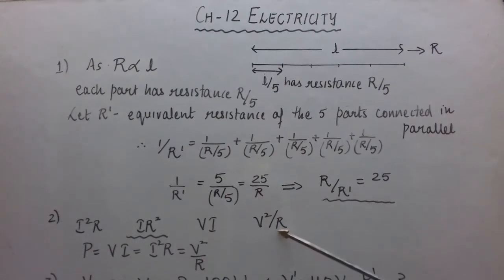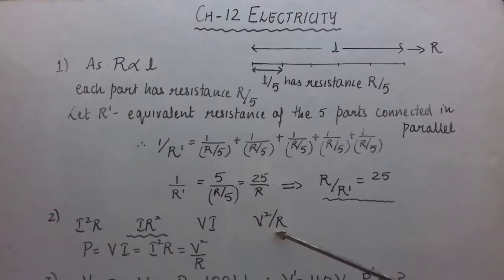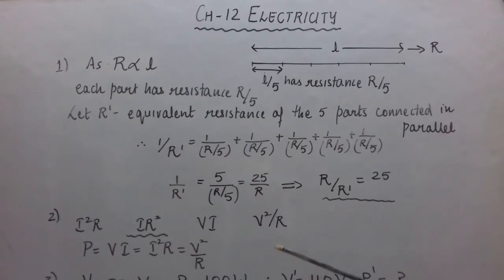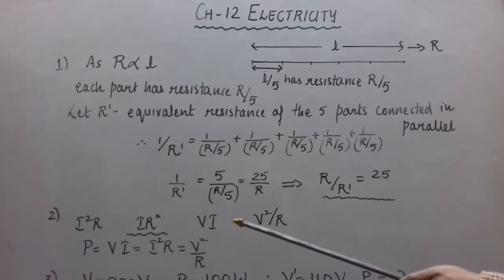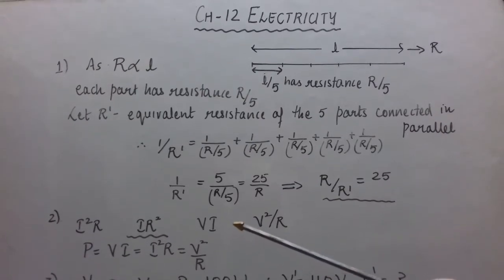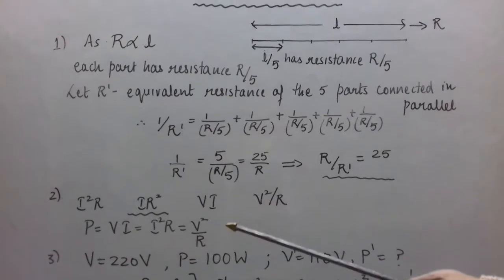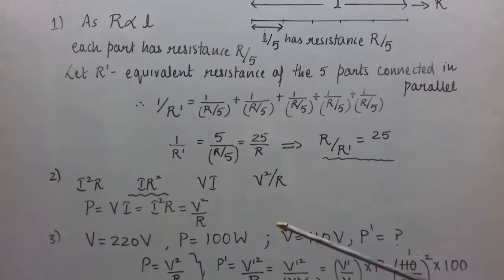And so from the given expressions I square R, IR square, VI, V square over R, you can easily answer which expression does not represent electrical power, IR square. So B option is the answer for our second question, that IR square does not represent electrical power and all the remaining 3 expressions express electrical power.